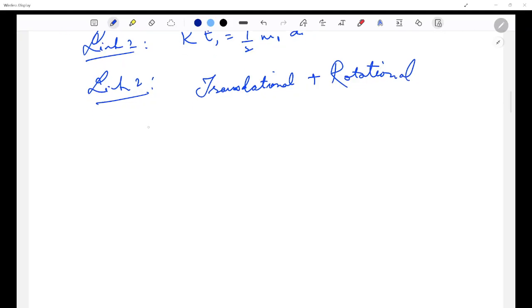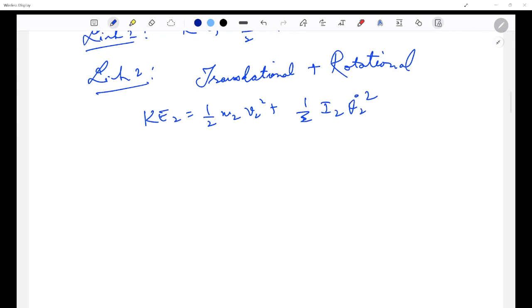So your KE2 is half m2 v2 square plus half I2 theta 2 dot square. Okay, let's substitute v2 square because this is what we have already calculated.